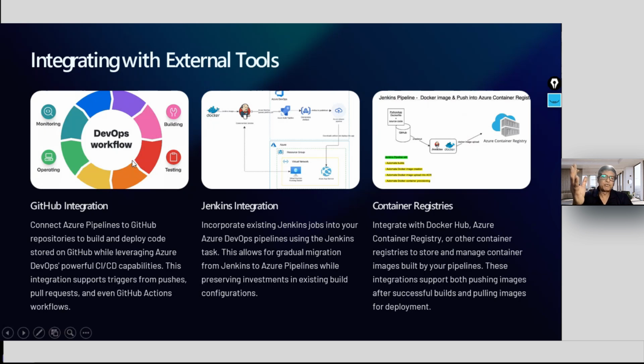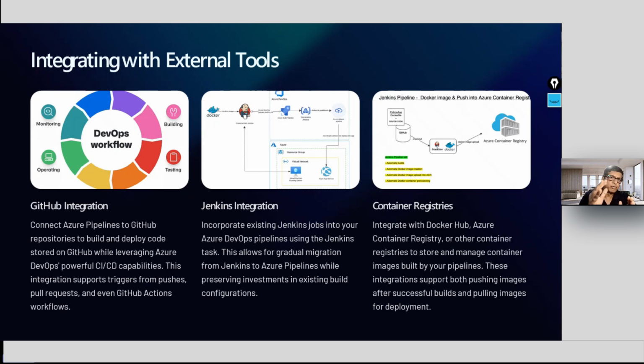Then two pipelines can work together. You already have a pipeline running on Jenkins, but you want to implement another part because Jenkins does not have a release pipeline. So maybe you want to build another pipeline with Azure DevOps. You can integrate between the two pipelines. Let Jenkins run with whatever old pipeline structure it has.